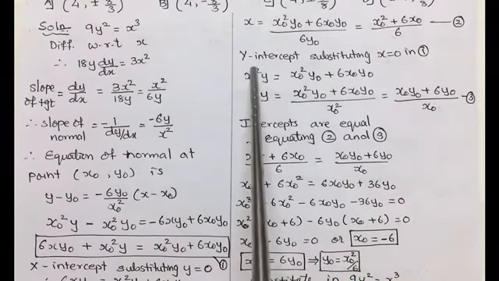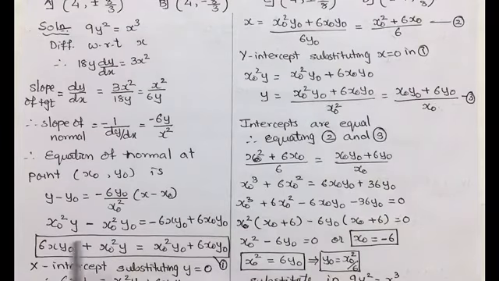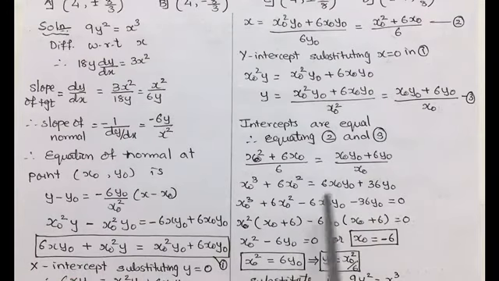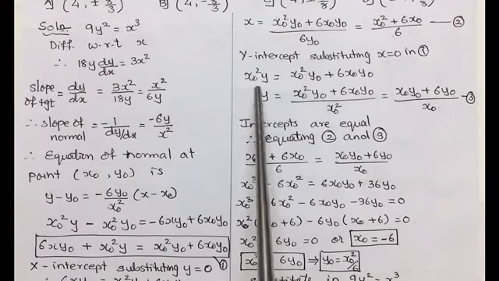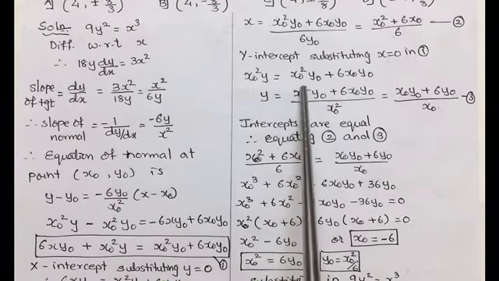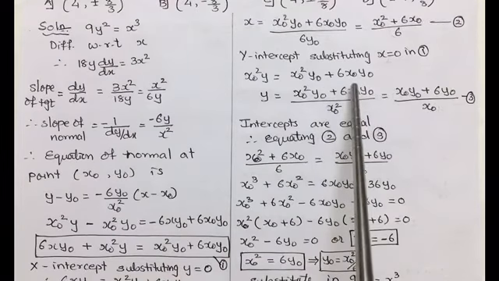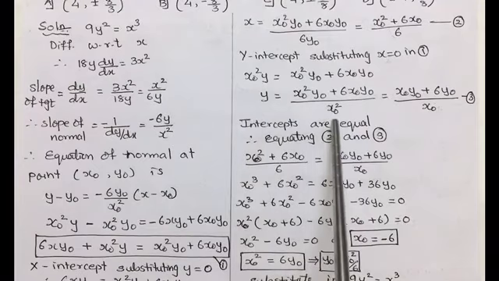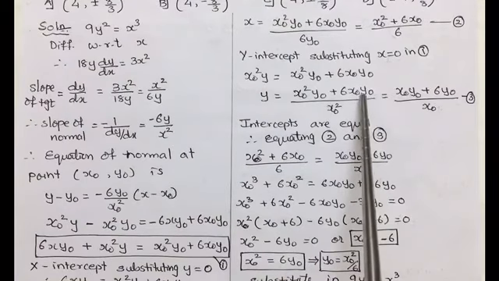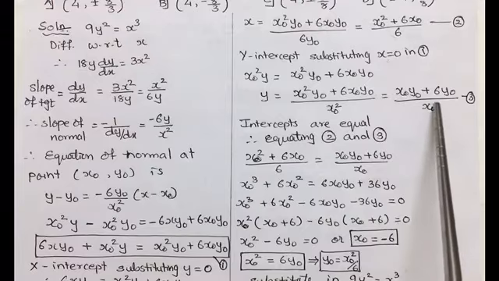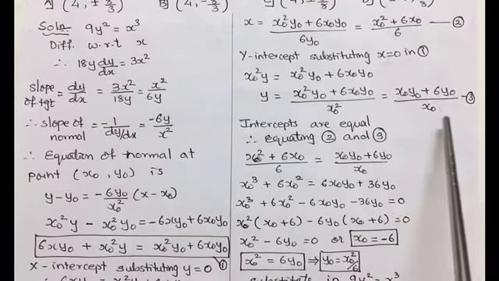Now for the y-intercept, we need to substitute x equal to 0 in equation number 1. So we get x0 square y is equal to x0 square y0 plus 6x0 y0. Taking x0 square down and taking x0 common, we get x0 y0 plus 6y0 divided by x0.